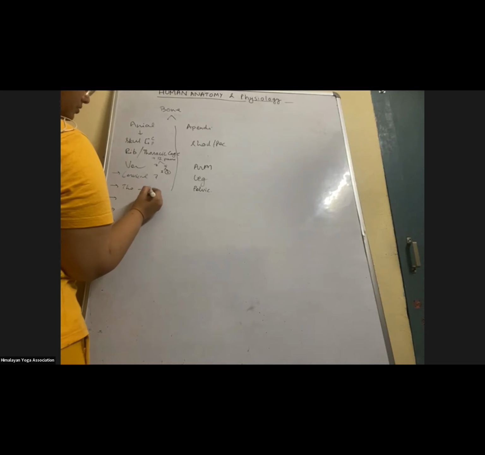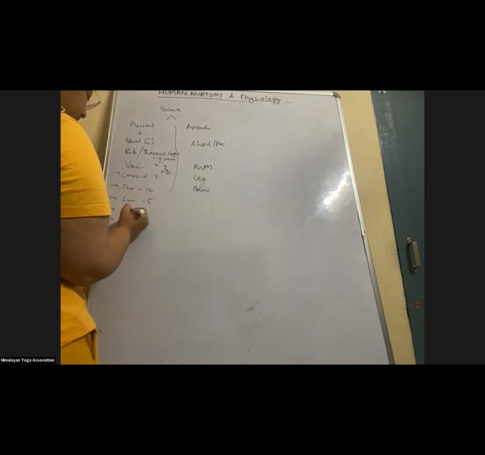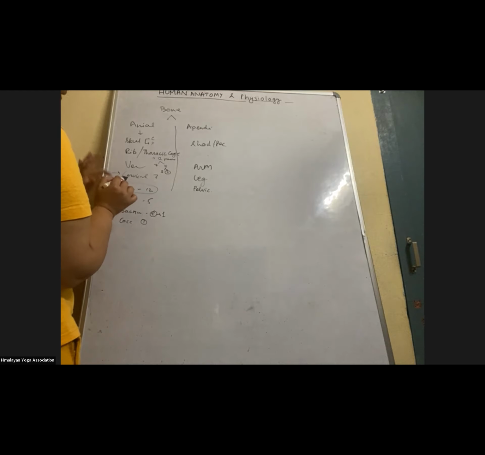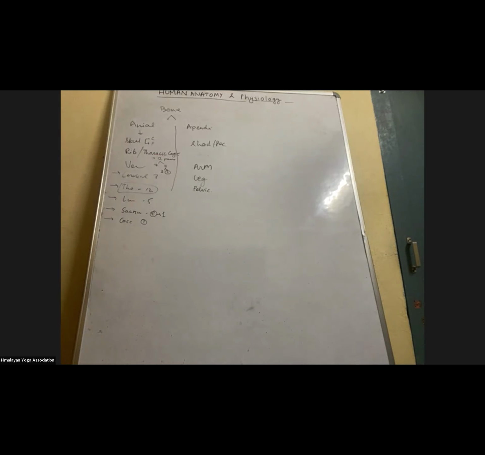Then 5 lumbar. Sacrum, 5 fused into 1. And then last is the coccyx, 1. It is the tailbone. From the thoracic vertebrae, the 12 pairs of ribs are originating.